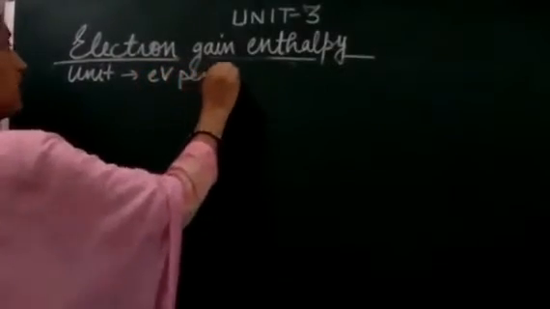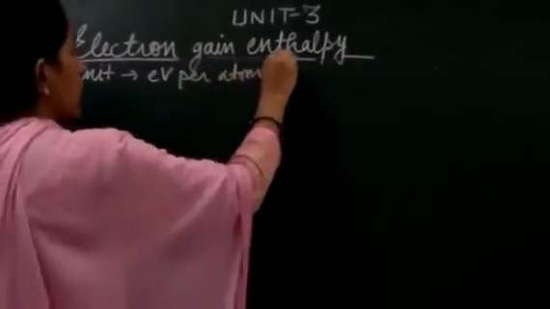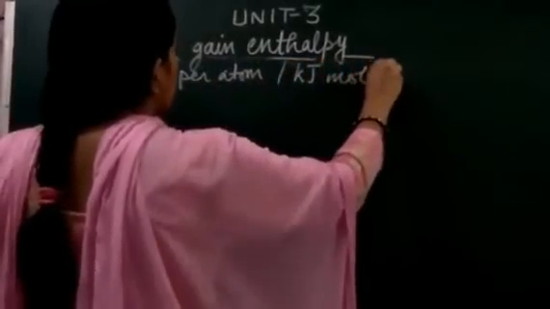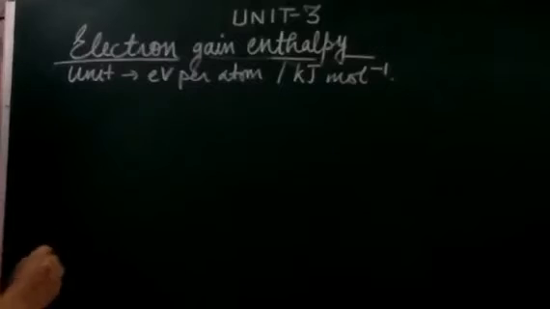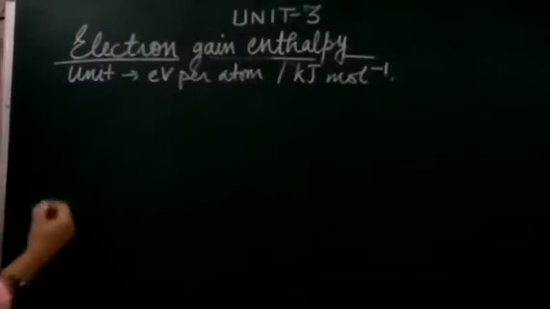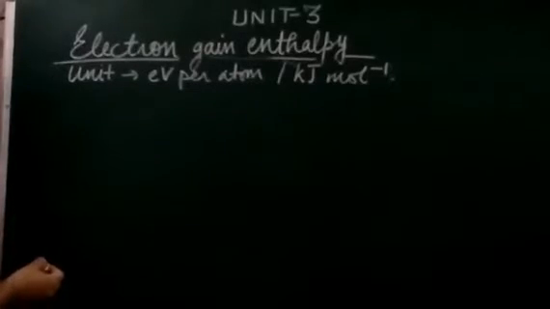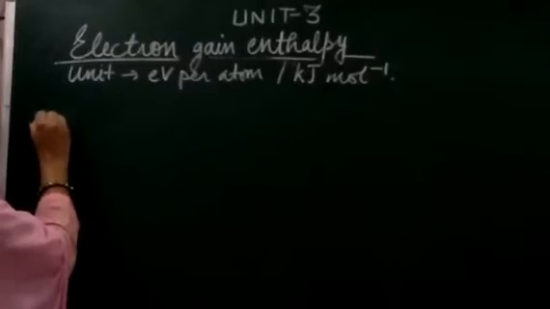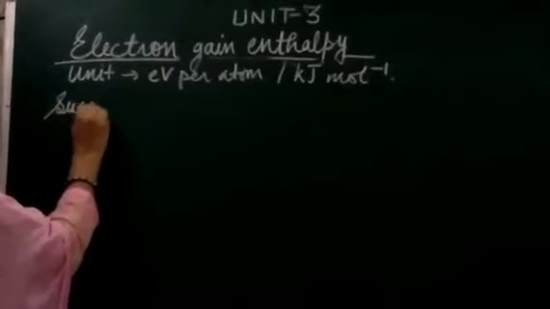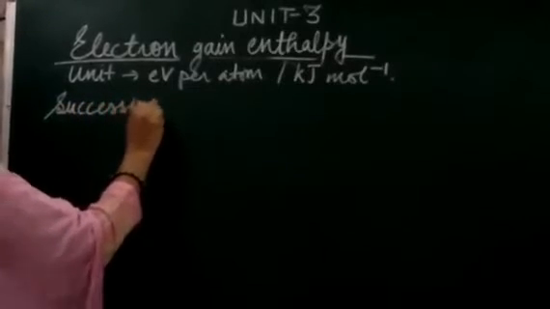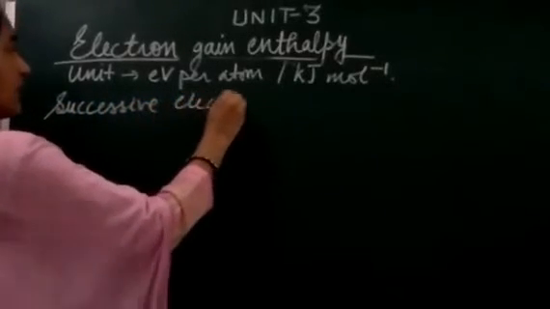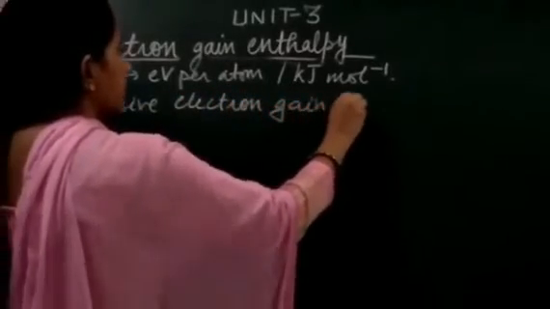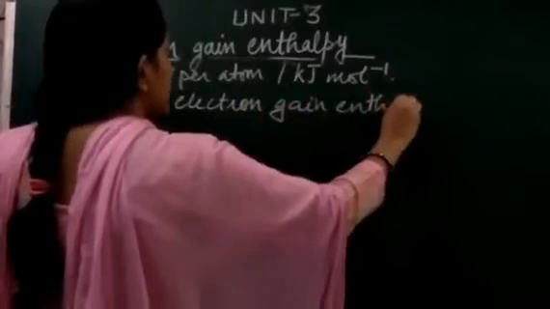Now students, just like we have successive ionization enthalpy, in the same way we have successive electron gain enthalpies also. So now we are going to discuss the successive electron gain enthalpies.